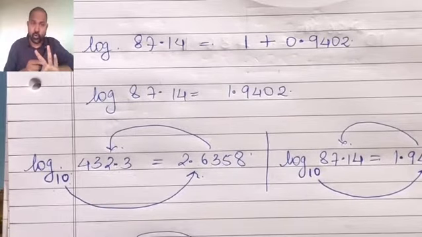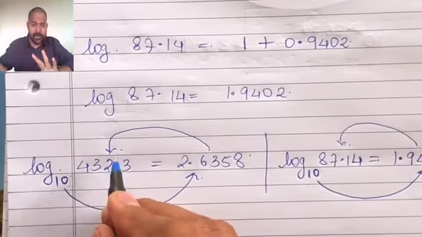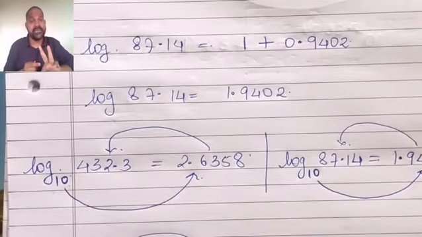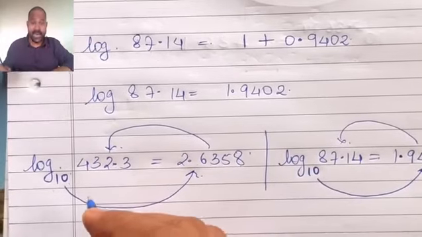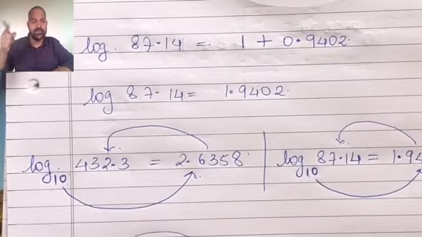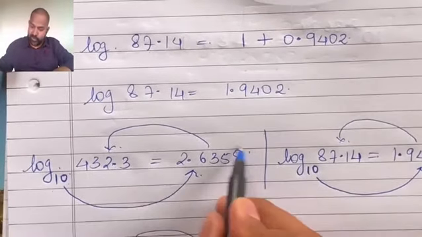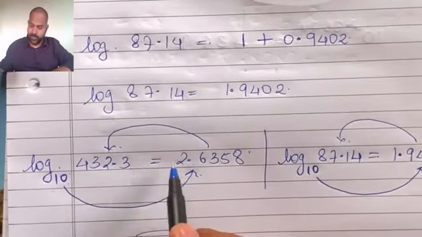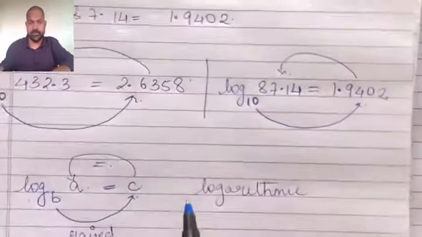So 10 raised to 2 is 100, which is smaller than this, and 10 raised to 3 is 1000, which is greater than this. Then can I say the power that I am talking about should be between the second and the third power? And that is why it is somewhere between 2 and 3. It is 2.6358.